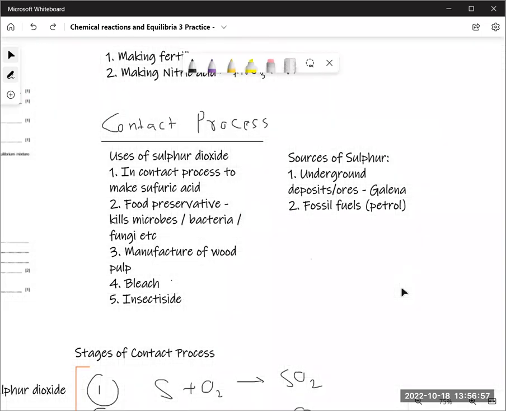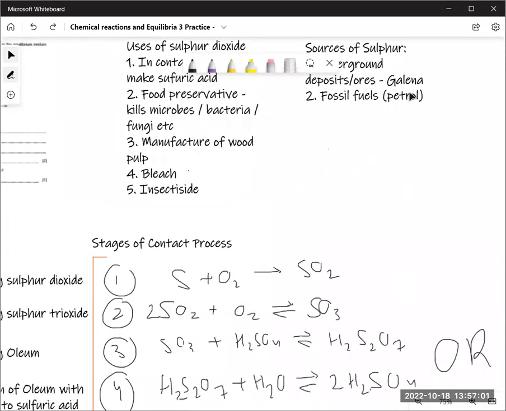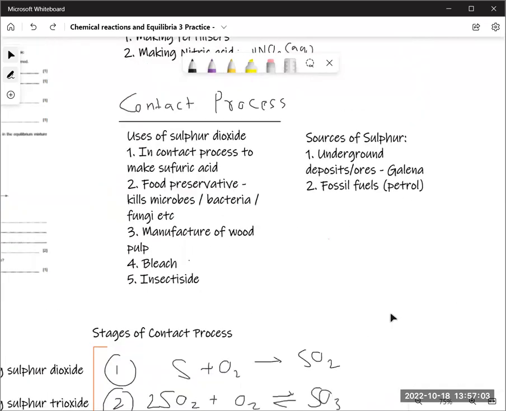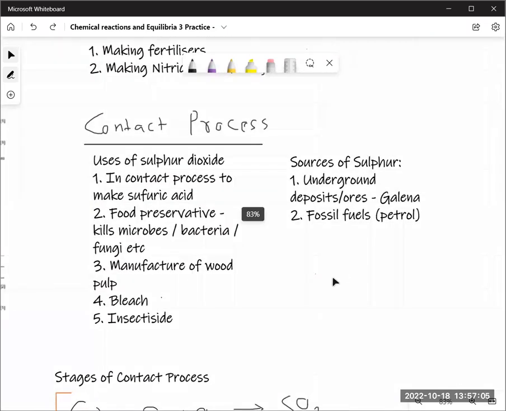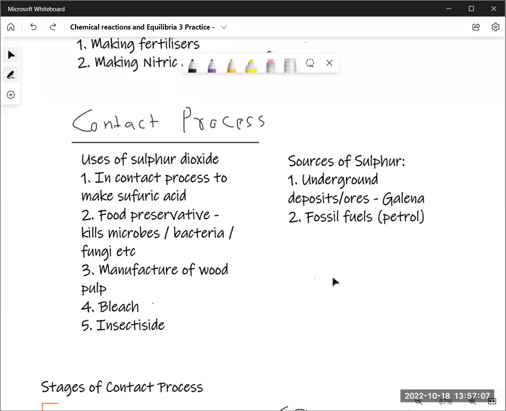We write all of this down. Yes, you have to write it all. Give the title contact process, then write uses of sulfur dioxide, sources of sulfur. Quick.